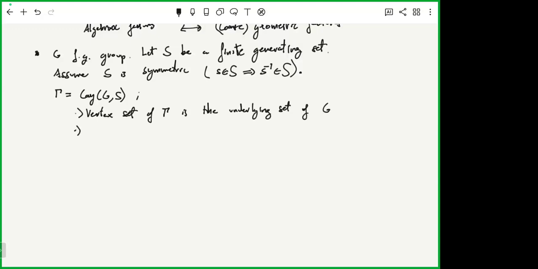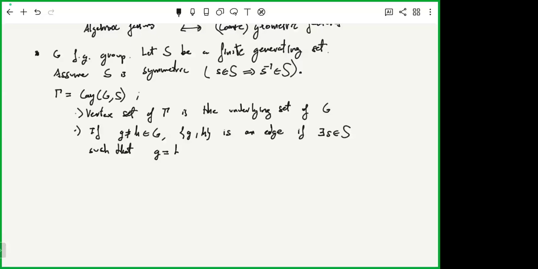And when do I have an edge? If I have two different elements in G, then they form an edge if I can get from H to G by multiplying with a generator of S. That is, there exists some element in the generating set such that I can get from G to H by multiplying with some generator, or the other way around.